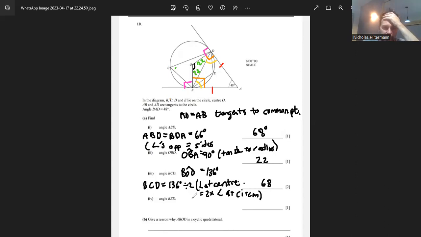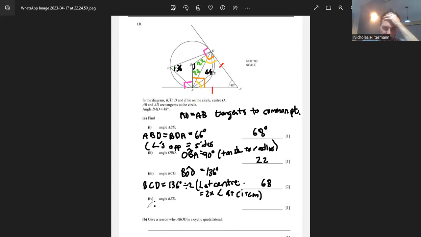Okay, finally we need to get BED. Well, BED is easy because it's a cyclic quad. So angles of a cyclic quad add up to 180. So if this is 136, then BED is 44.